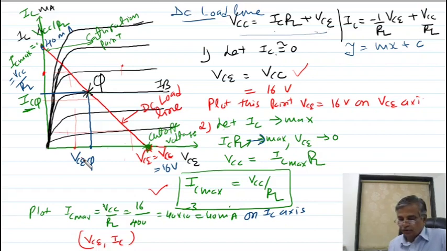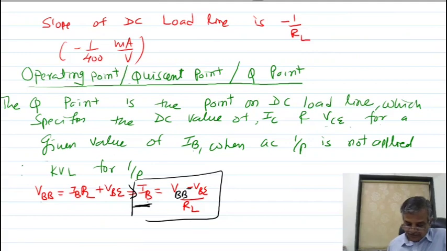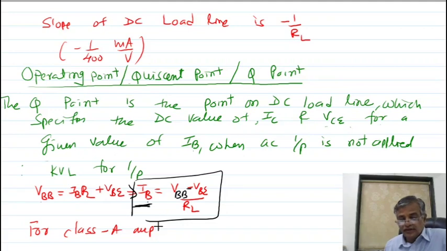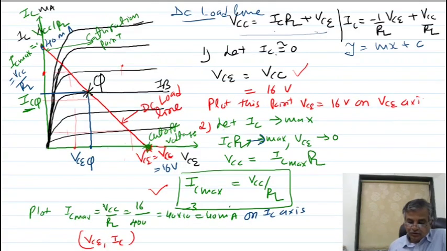Now, remember the most important point. For class A mode of operation, the Q point is always selected at the middle point of the load line. Q point should be at the middle point of the load line.